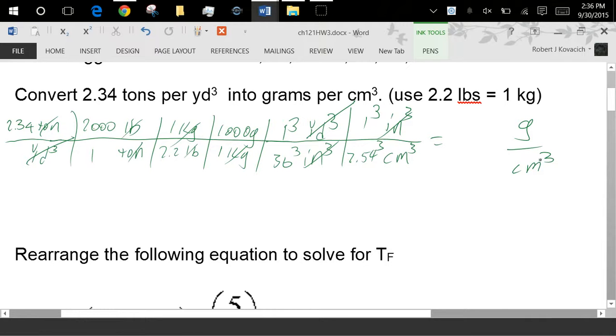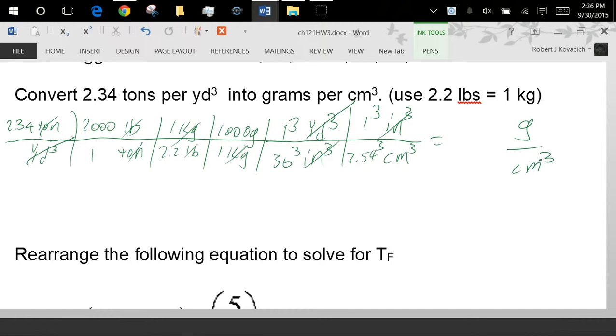I just need to be careful when I do the calculation. Make sure that you're putting in those numbers that have powers to them. I need to make sure that I've got that 36 cubed and that 2.54 cubed. If I don't do that, I'm going to be off by a significant amount. The number is going to be way too big.